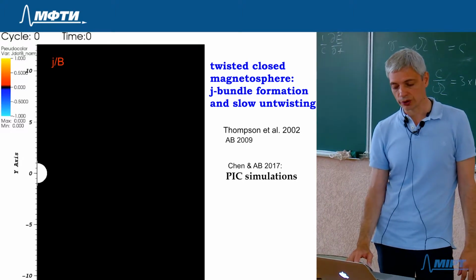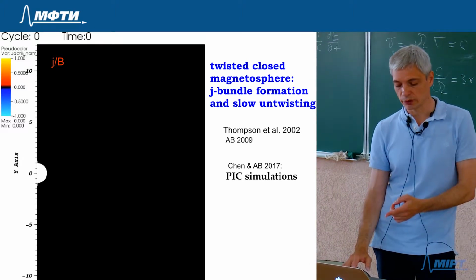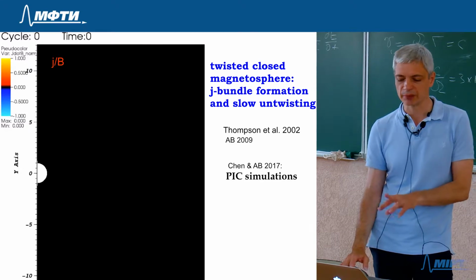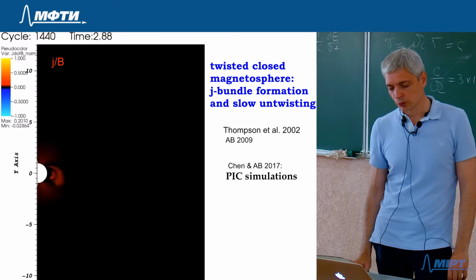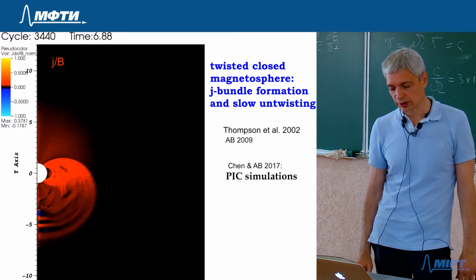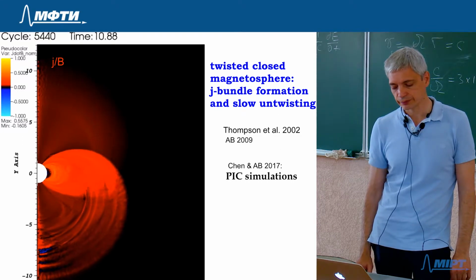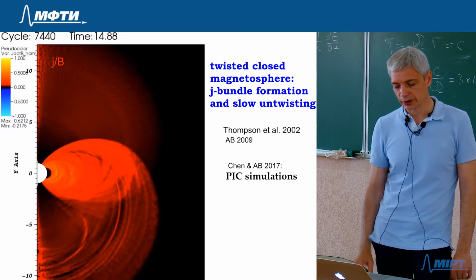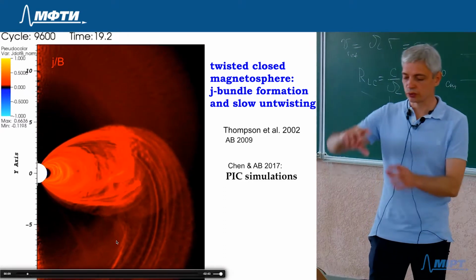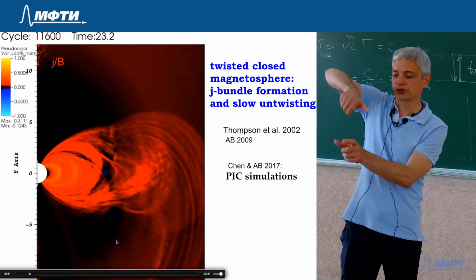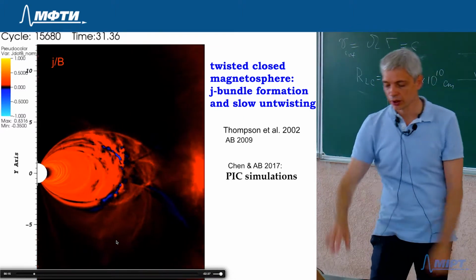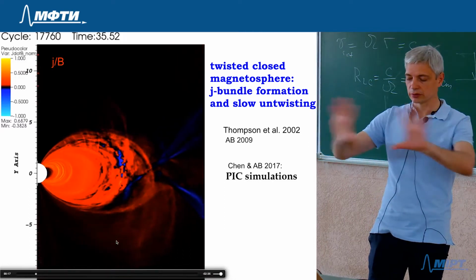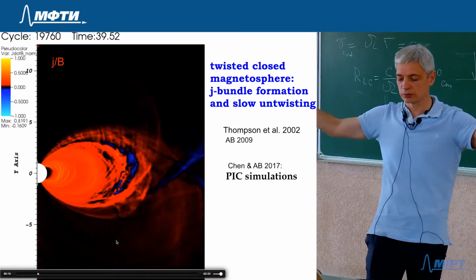So let me show this. This movie will show electric current again, J divided by B, normalized by the local B. But it will be just red color. You can see how the magnetosphere, what's happening here is that you start to turn one part of the star with respect to the other. You begin to twist the field lines. So initially, there was no twist, there was black, no current.